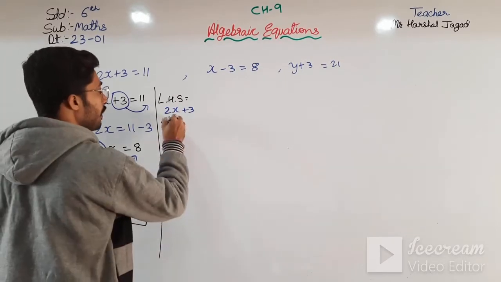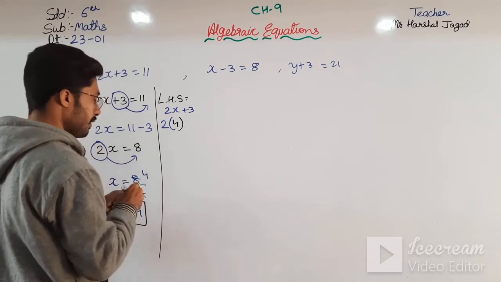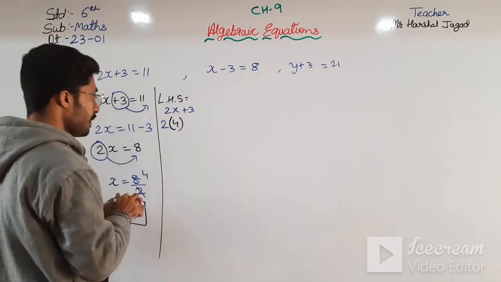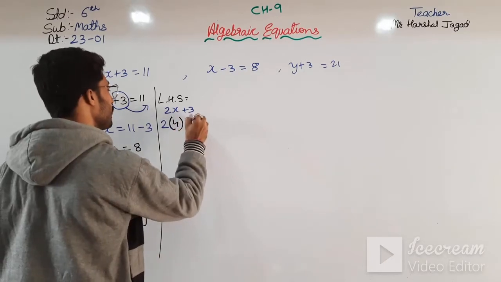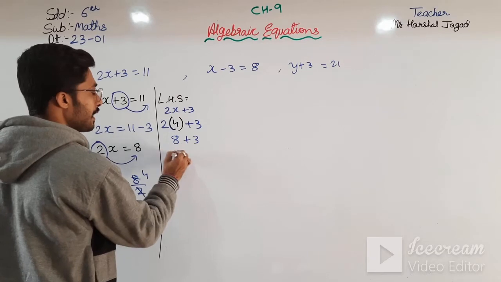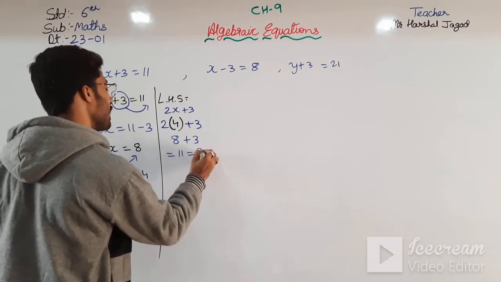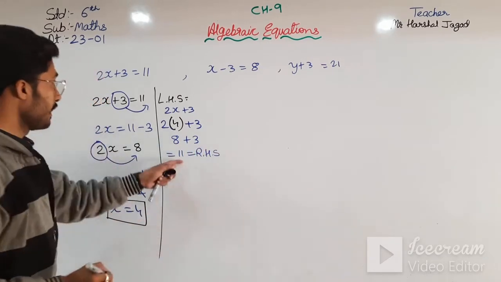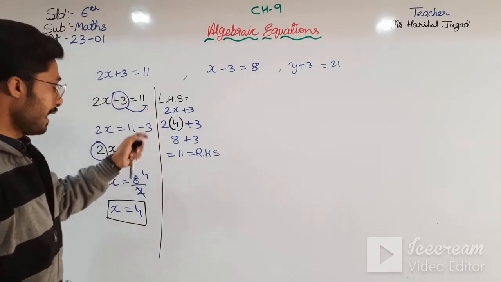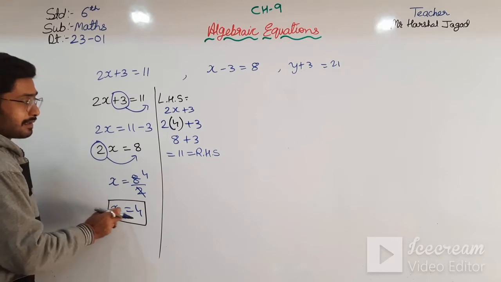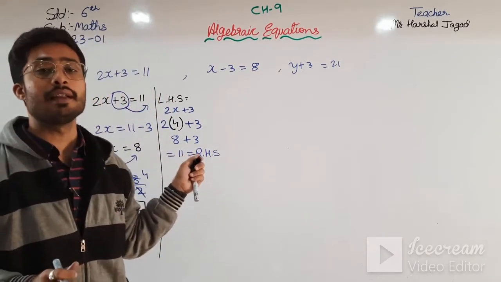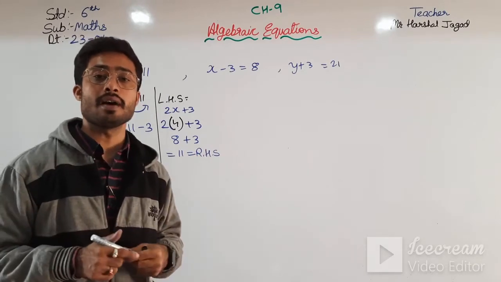So I will put 4 over here, and then plus 3. So we will get 2 fours are 8, 8 plus 3, that is 11, which is equal to RHS. You can see the value of RHS is 11, and if I put x equal to 4, then we get 11 as LHS, which is equal to RHS.